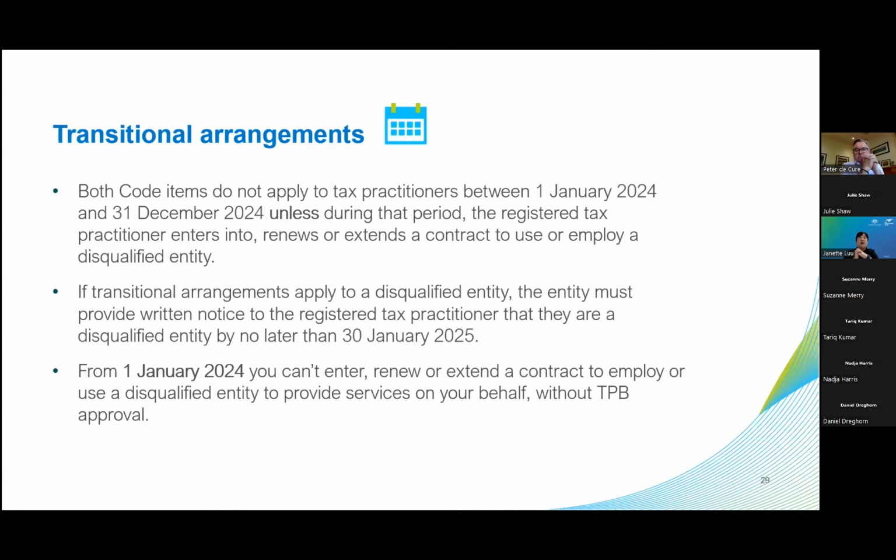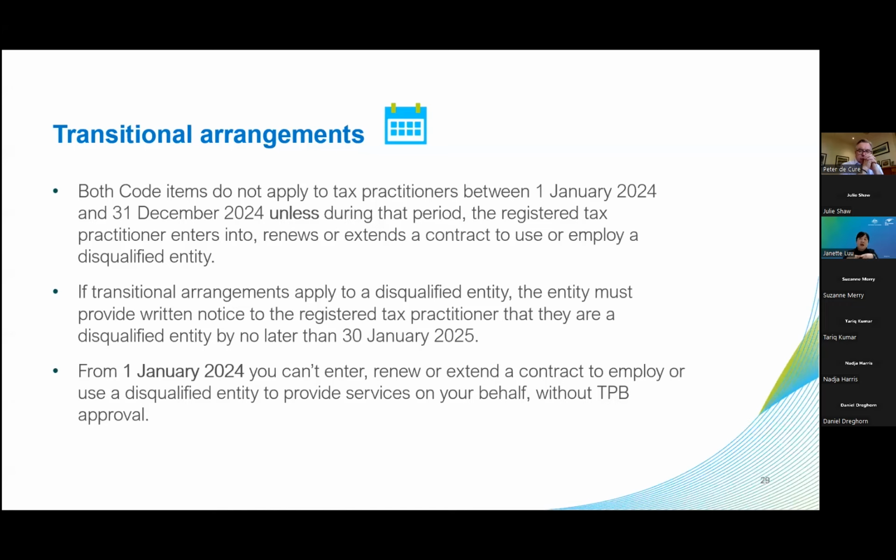But as an alternative, if Peter had decided just to engage me on a 6-month contract, so if my contract was due for renewal in June or July of next year, then in that case, Peter will be subject to the code if he continues to engage me after June or July without seeking TPB approval.